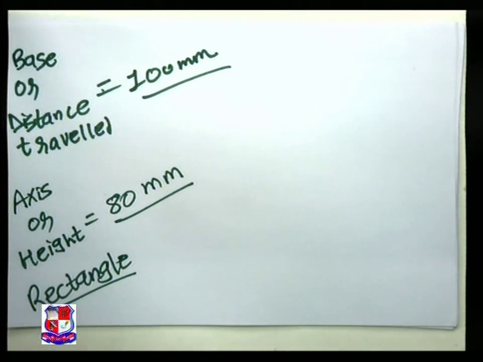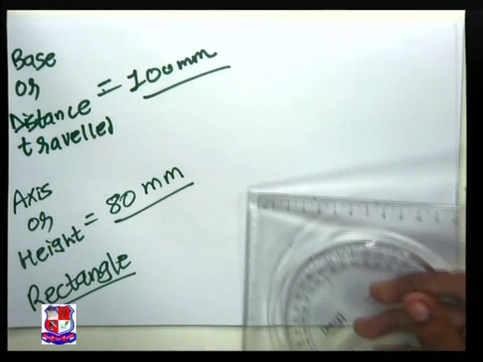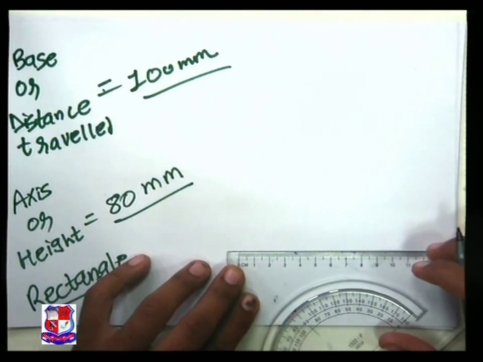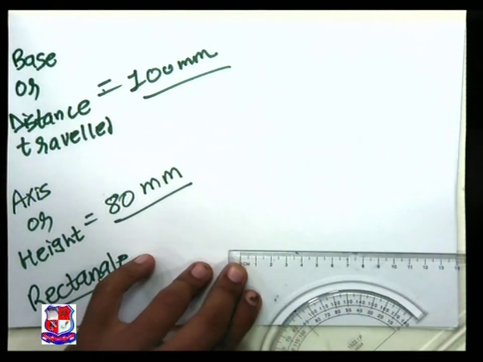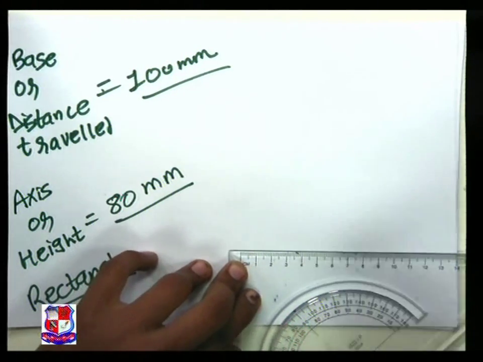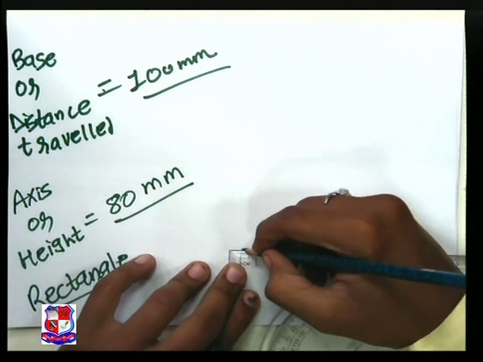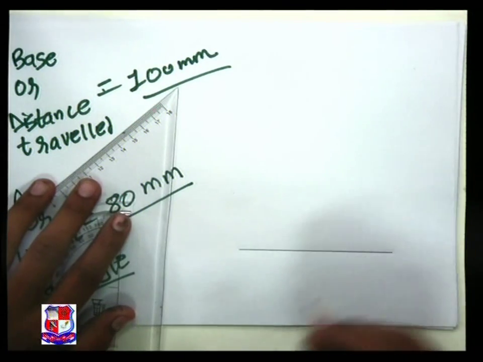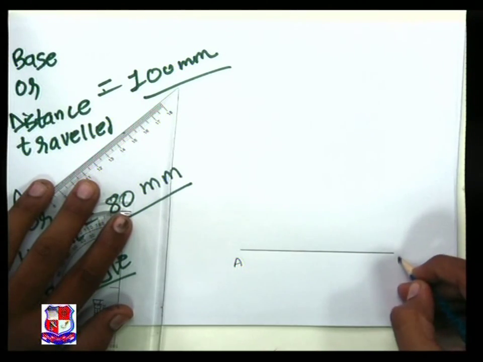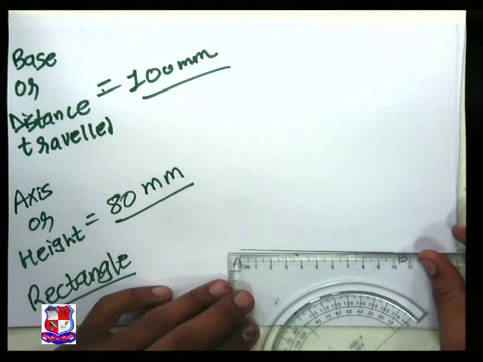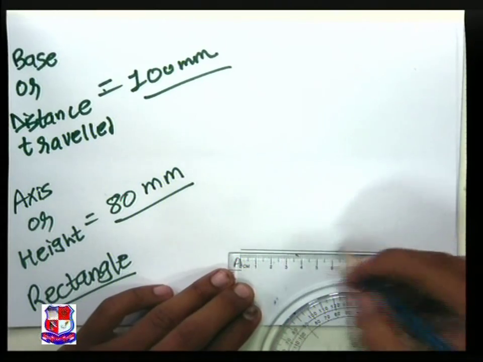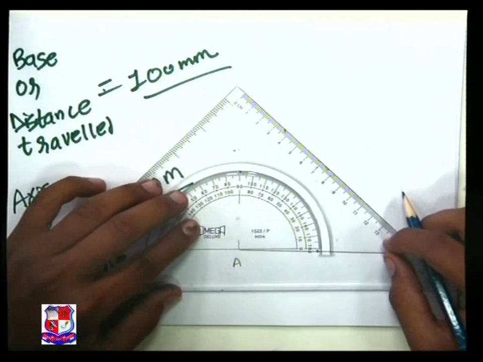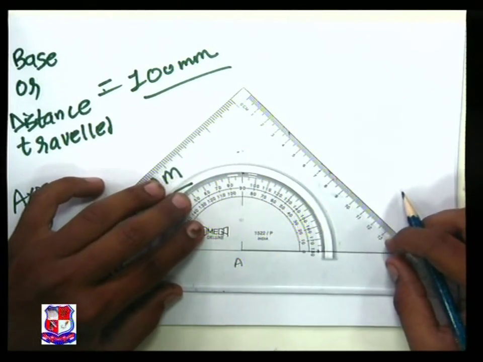What we are going to do first of all, base has been given, so I will draw this base. It's 100 mm long line. Let's name it as AB. I'll take the midpoint of it. Perpendicular to it, as it is called rectangle, a 100 by 80 rectangle would be made.